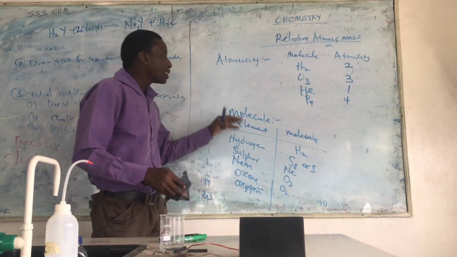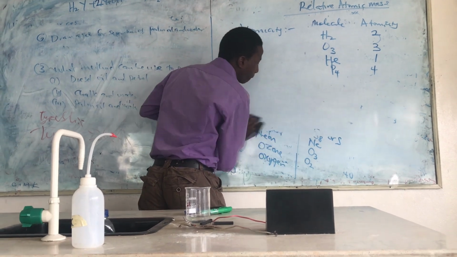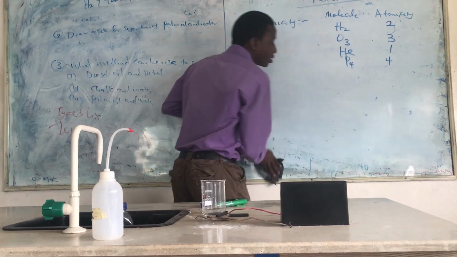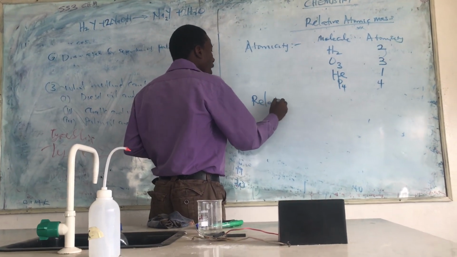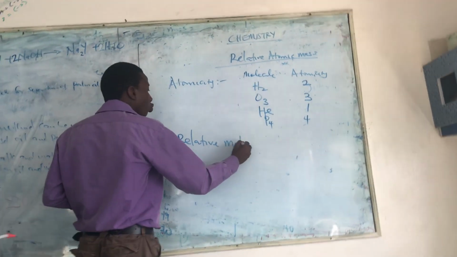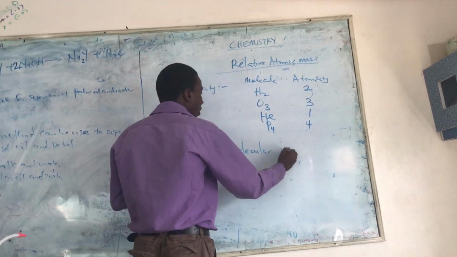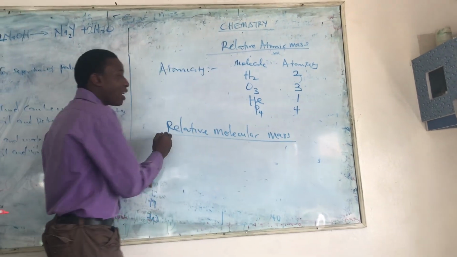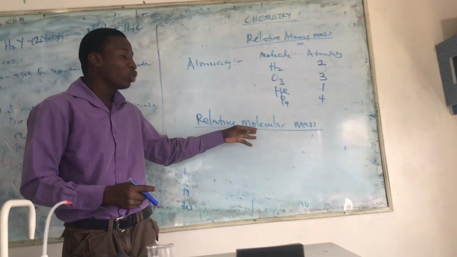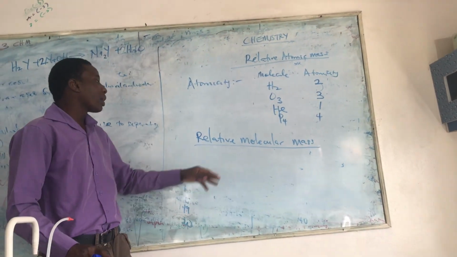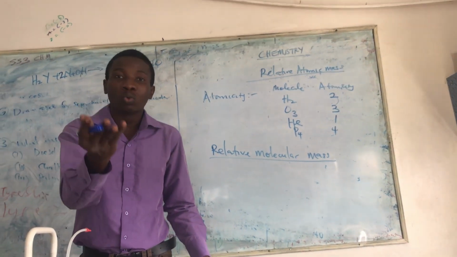So since we have established that, we can now move further to relative molecular mass. I want us to first understand what a molecule is before explaining relative molecular mass. That is why I first explain what a molecule is, because when I talk about the relative molecular mass, we are talking about the mass of a molecule.